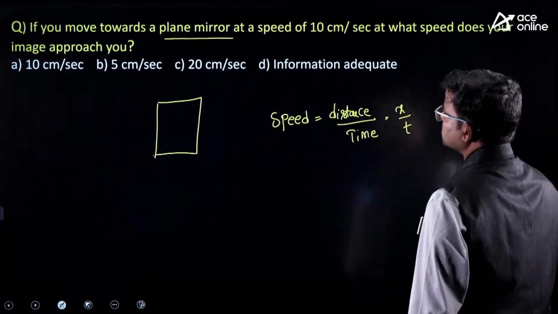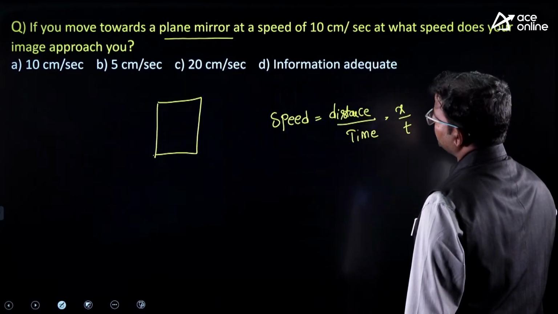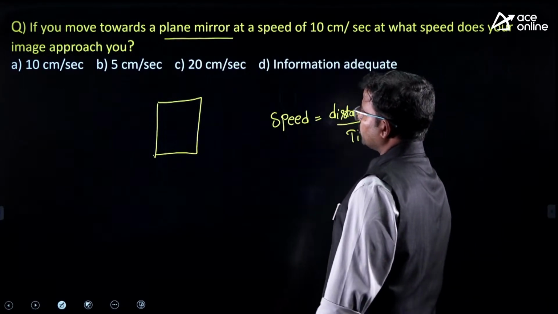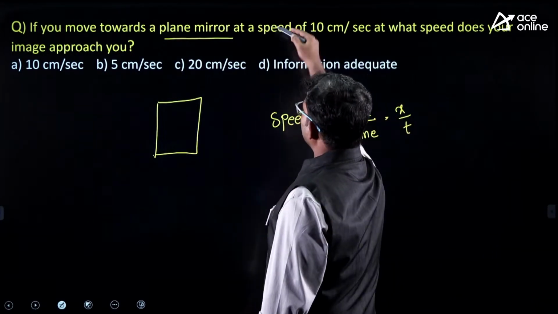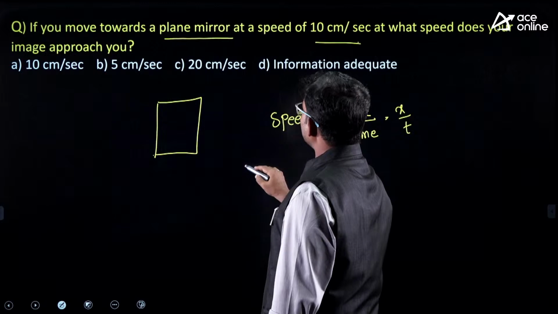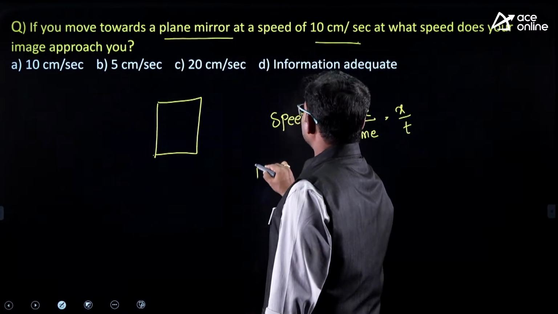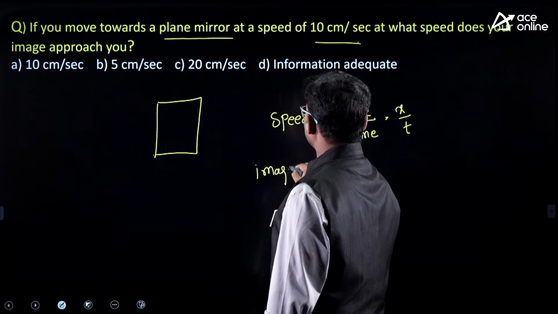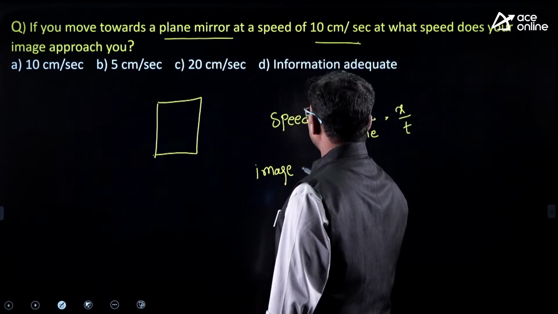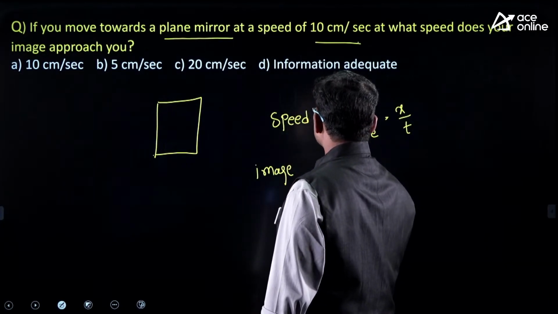So at what speed does your image approach you? So here, guys, the formula to get the image approach speed, especially in the plane mirror, is 2x by t.